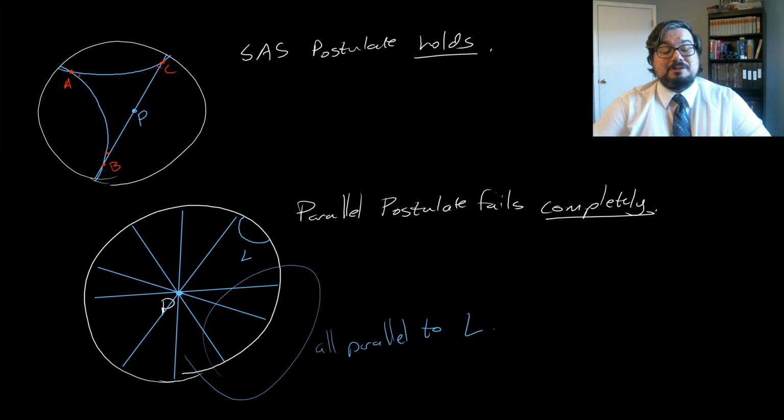And in fact, there's not just more than one. There are infinitely many parallel lines through P. The parallel postulate fails completely. And this is one of the things that we're going to see when we start looking at non-Euclidean geometries, that if the parallel postulate fails even a little bit, it fails completely and it fails everywhere.